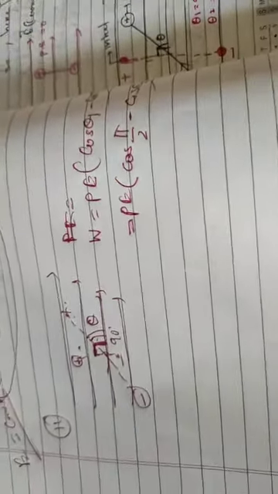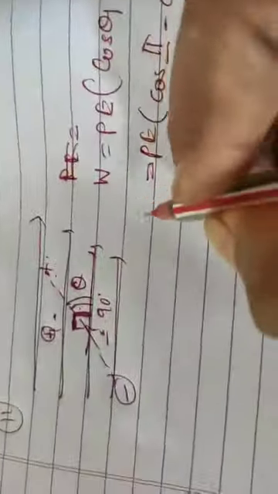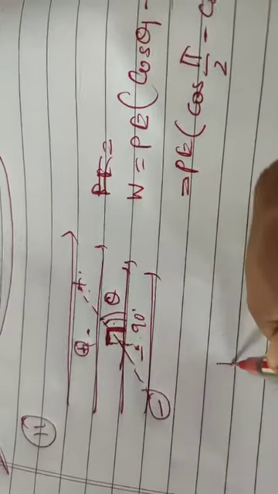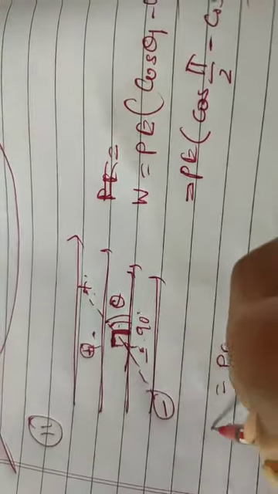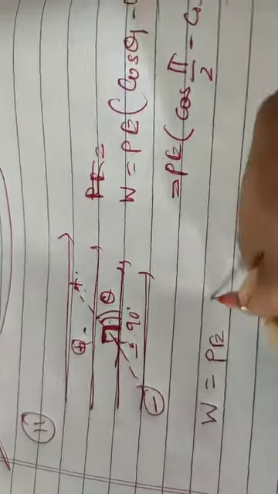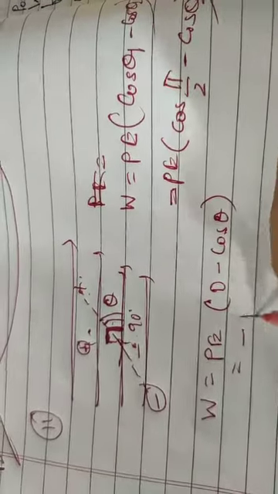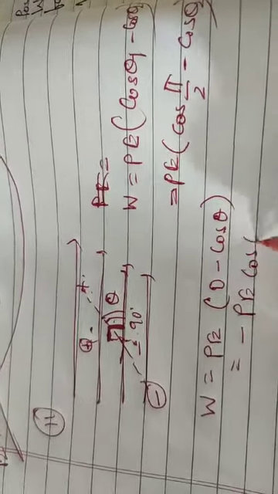So how much is cos 90? That is 0. Okay. So the formula becomes W is equal to PE, 0 minus cos theta 2, or write it as theta. So again the formula is minus PE cos theta.